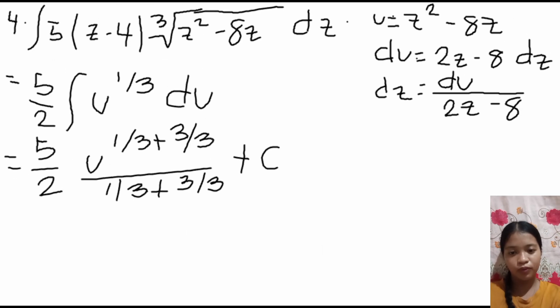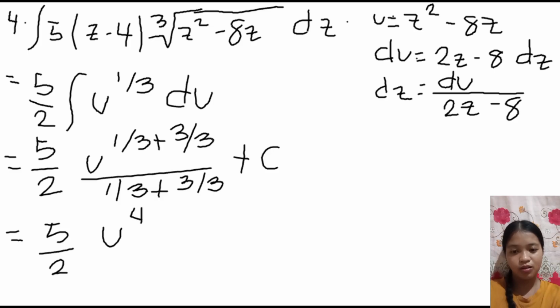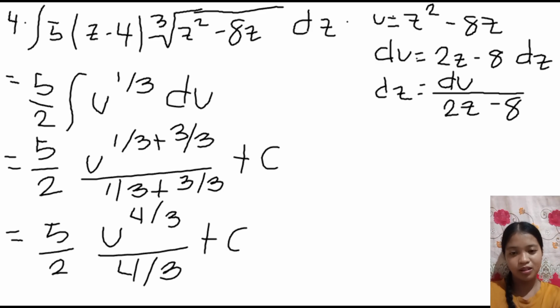5 halves u to the 1/3 plus 3/3 over 1/3 plus 3/3 plus c. Then compute it. So 5 halves times u to the 4/3 over 4/3 plus c.